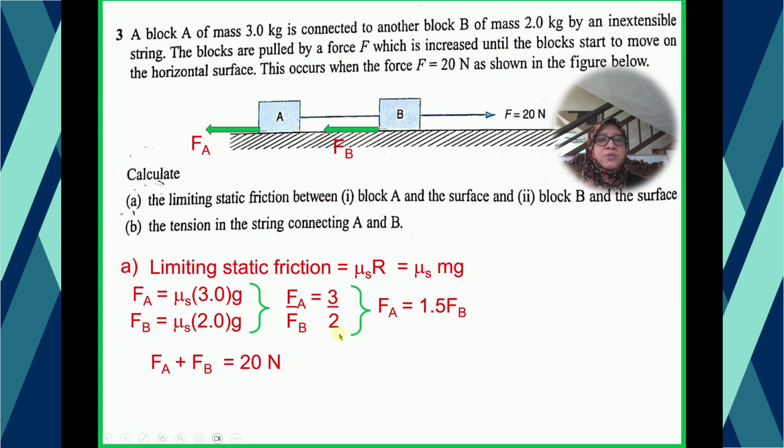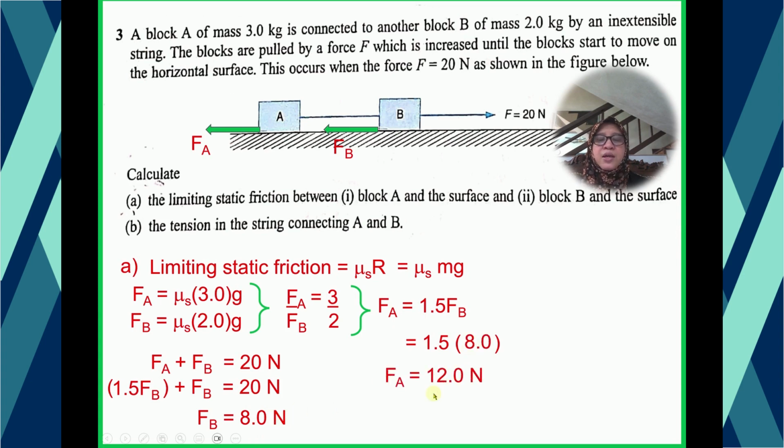So we get 3 over 2, and cross multiplying, Fa equals 1.5 Fb. Then we substitute this into the total: 1.5 Fb plus Fb equals 20 Newton. Solving for Fb, we get 8 Newton. For Fa, we substitute Fb: 1.5 times 8, so the limiting static friction for block A is 12 Newton.